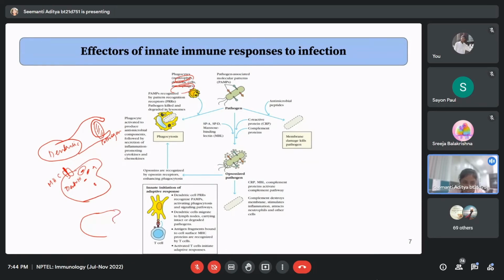After processing, these peptides are expressed on the surface of the dendritic cell through MHC, and this will be recognized by the T cell receptors on the surface of the T cells. Now, T cells belong to adaptive immunity, right?